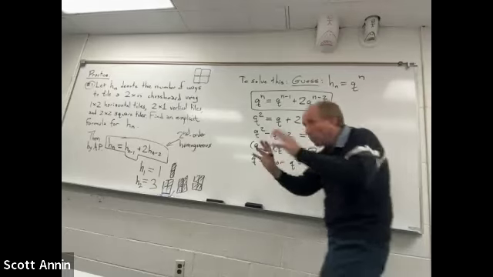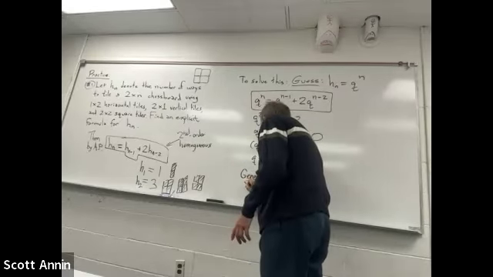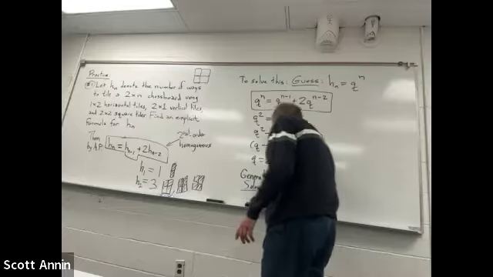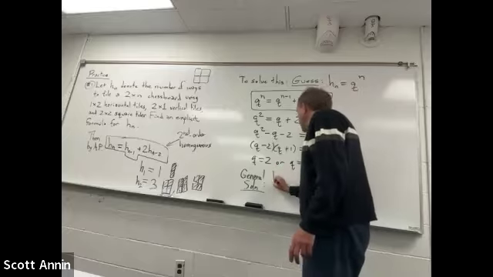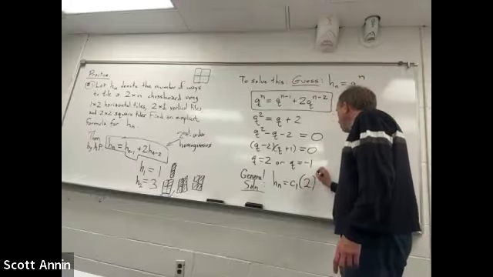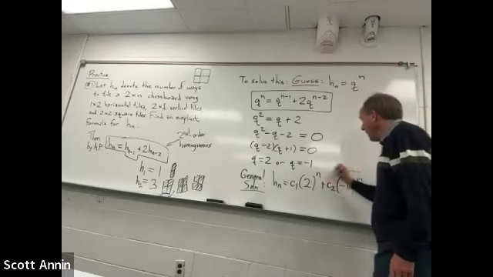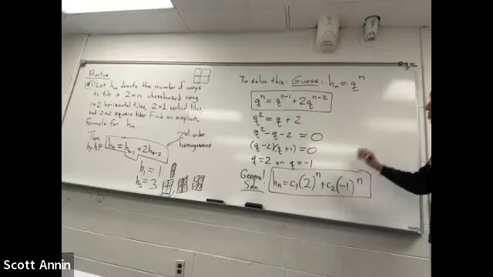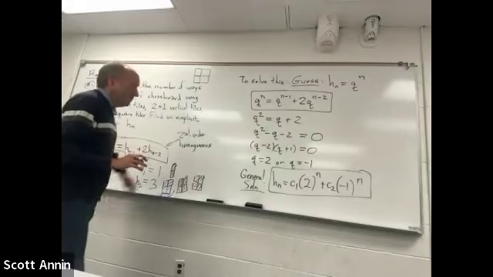The final general solution, as I like to call it, is just a generic linear combination of these two solutions. So h sub n equals c1 times 2 to the n plus c2 times negative 1 to the n. This would be the general solution to the recurrence relation.